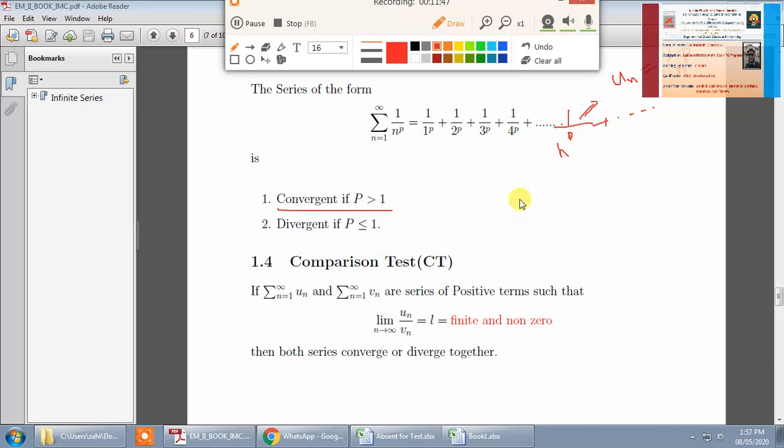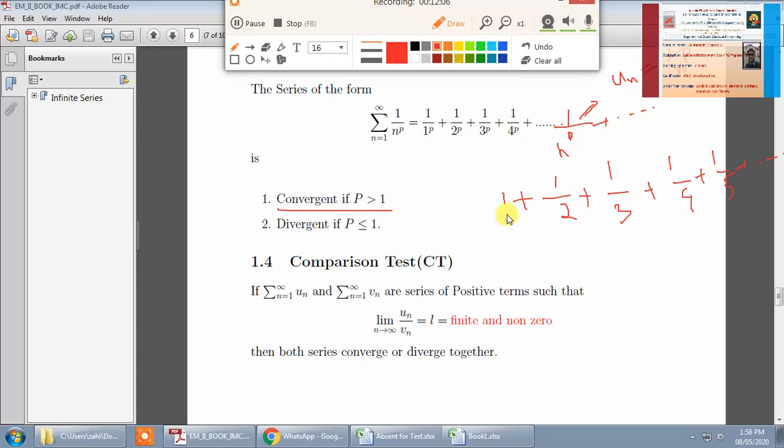Suppose you have the series 1 plus 1 upon 2 plus 1 upon 3 plus 1 upon 4 plus 1 upon 5, and so on. Is it a power series? Yes, it is a power series. Why?